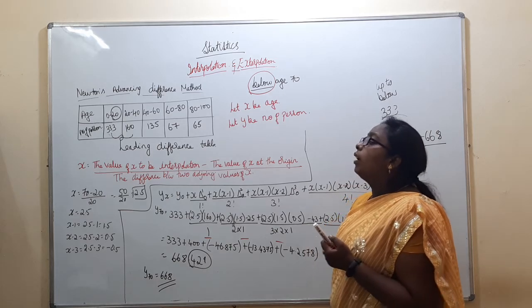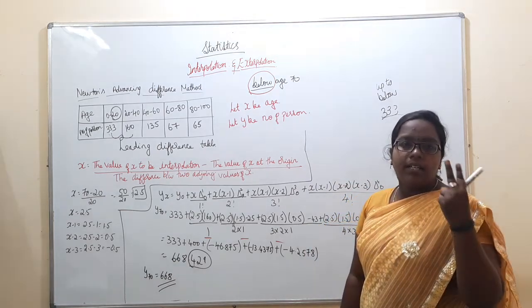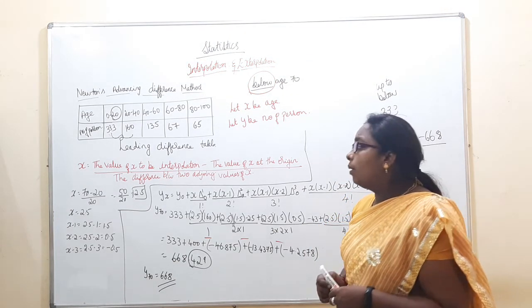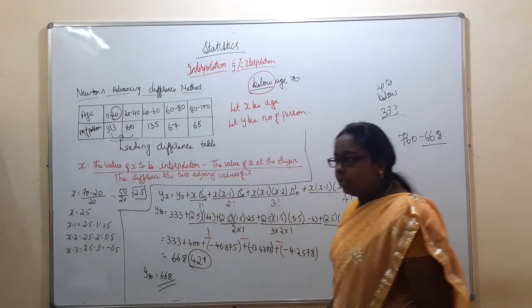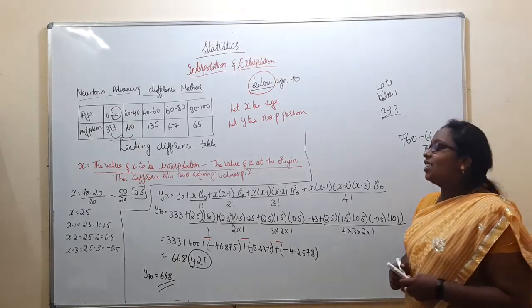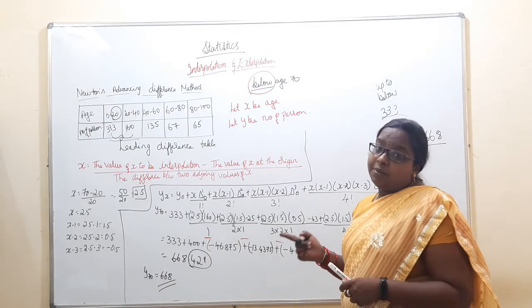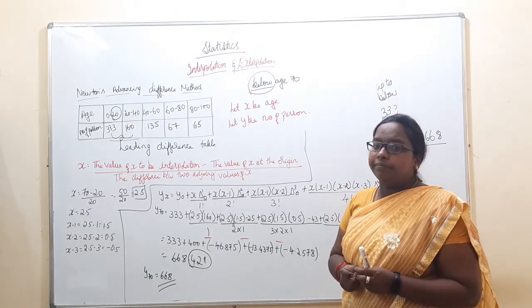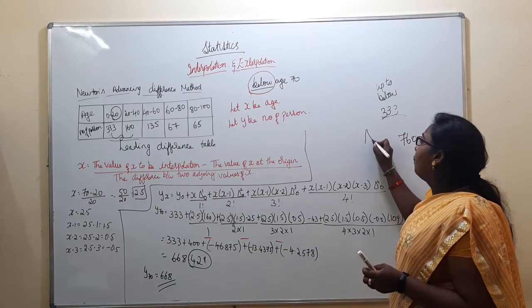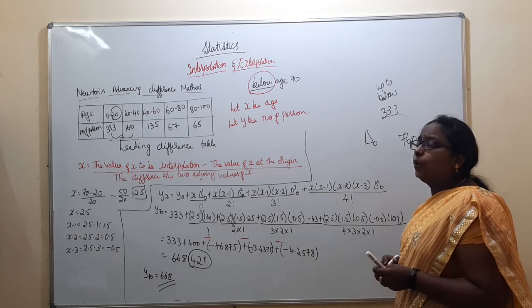After that, when I am converting my two variables into one variable, I need to take my y as the cumulative frequencies. Simultaneously, I will do my leading difference table till I get my delta naught.